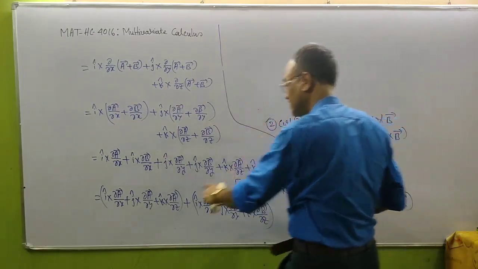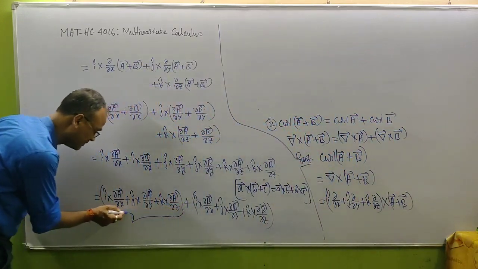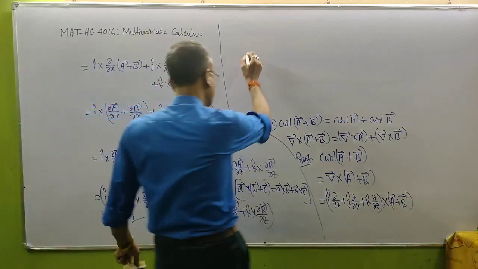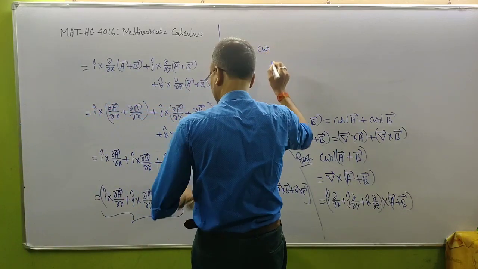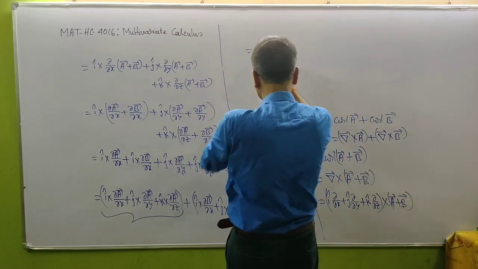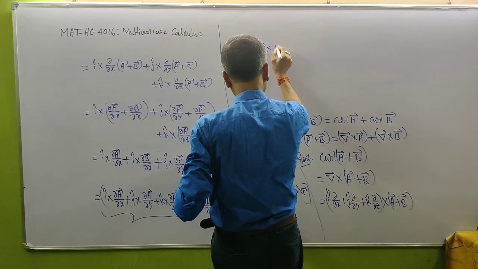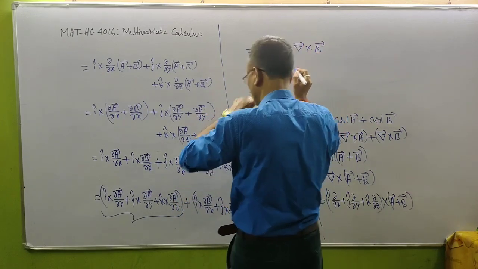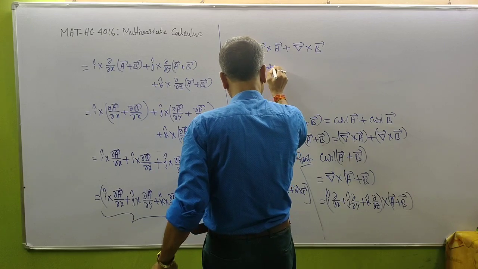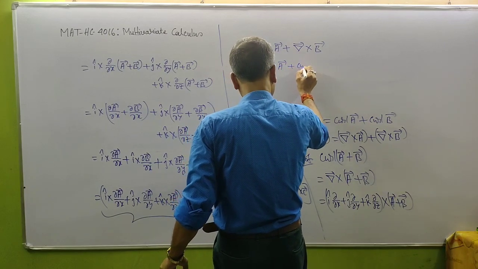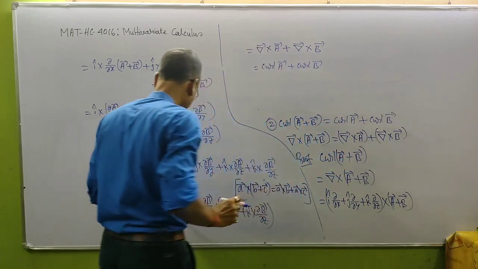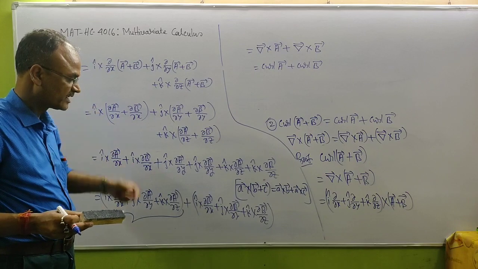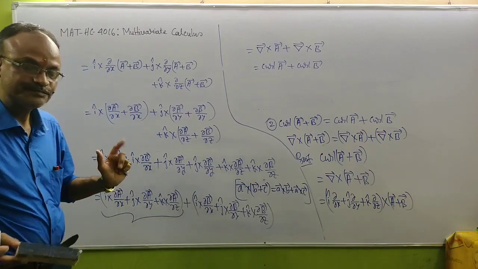See the definition of curl: del cross A vector plus del cross B vector, by the definition of curl of a vector function. So you may write curl A plus curl B. Right?